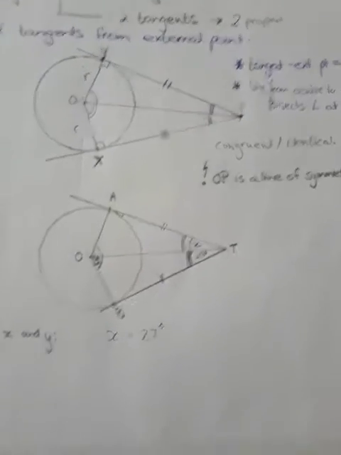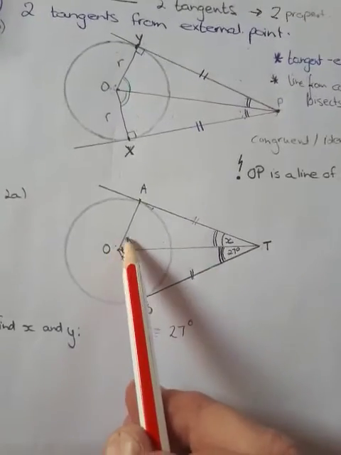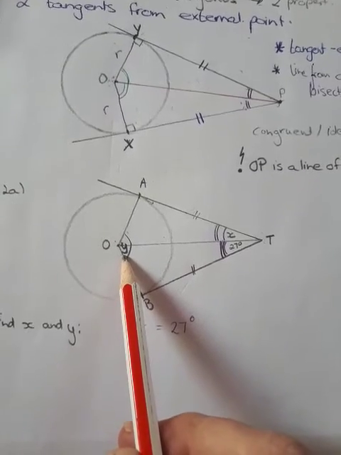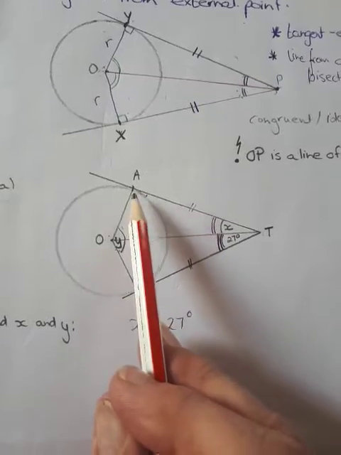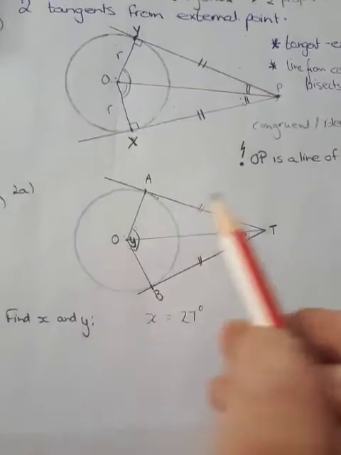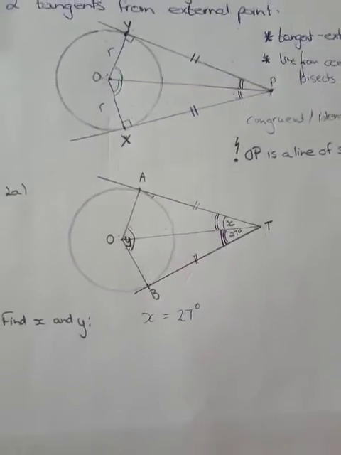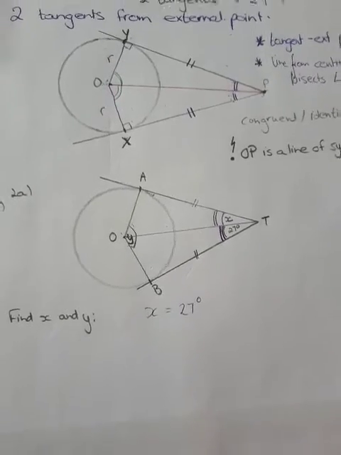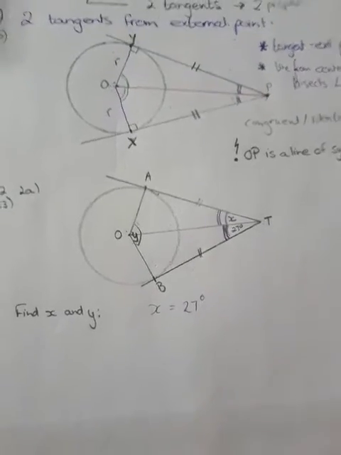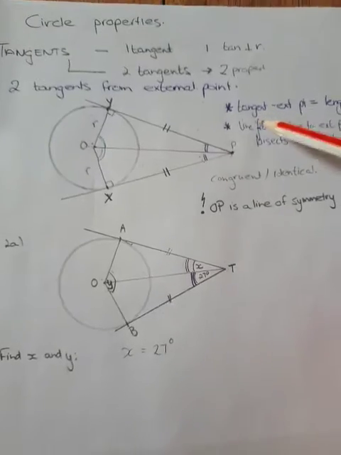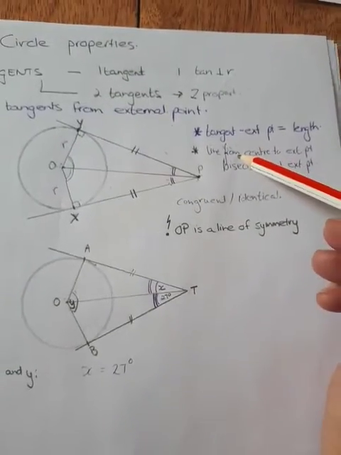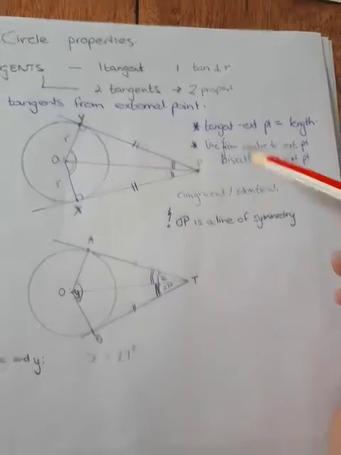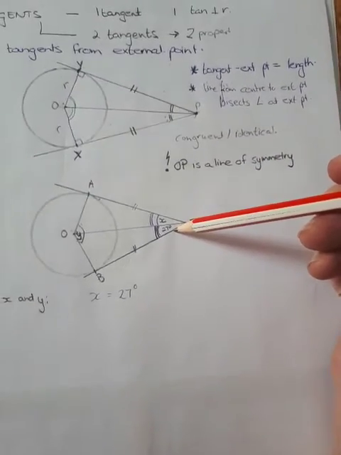All right, now look at the second one. They are asking you for angle Y. I'm going to explain two different methods. The first method, I want to come back to our properties. Remember, the property says that it bisects the angle at the external point.